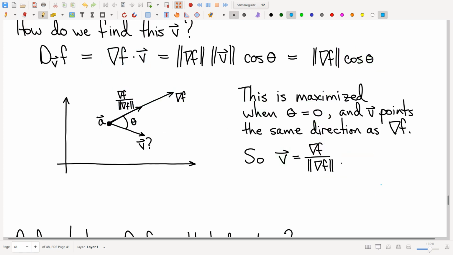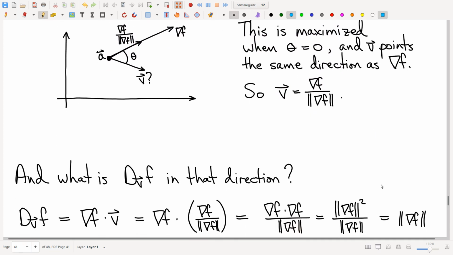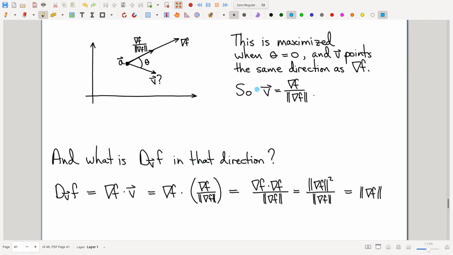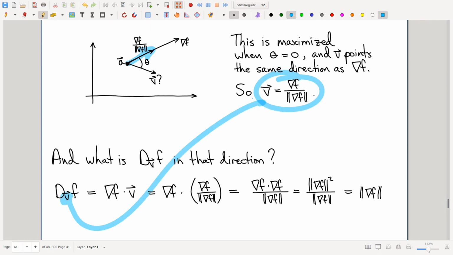All right, now natural next question. So we've agreed which direction we're going to go. We're going in this direction, and that's what maximizes the directional derivative. Okay, cool. How big is that directional derivative? Saying that in different terms, keeping in mind that the directional derivative on the one hand tells you how fast the function is increasing.